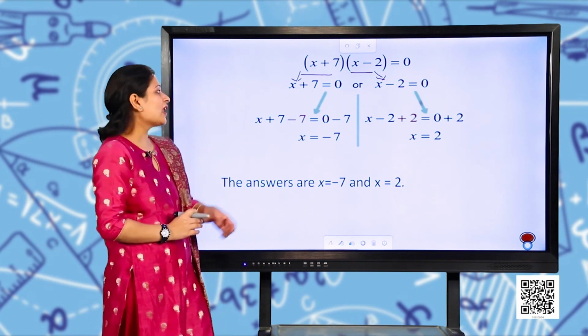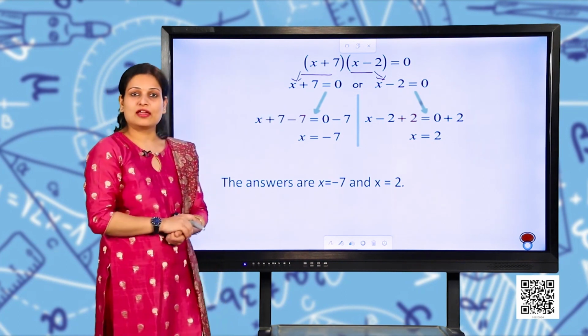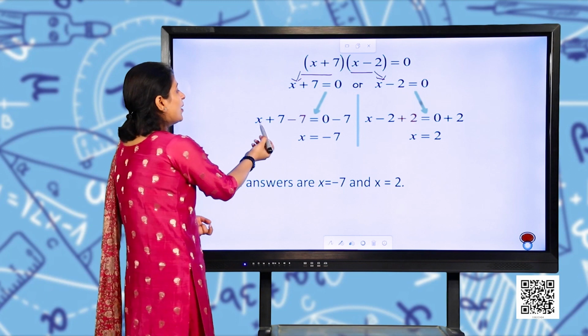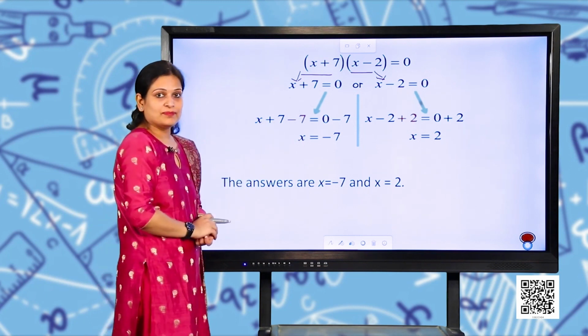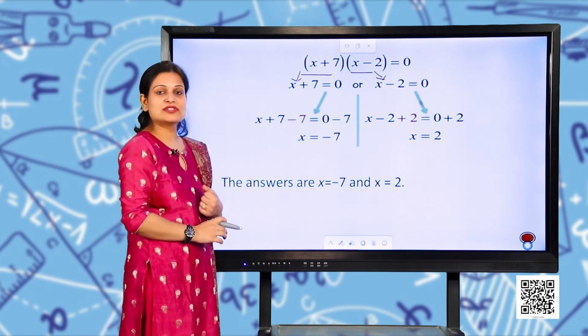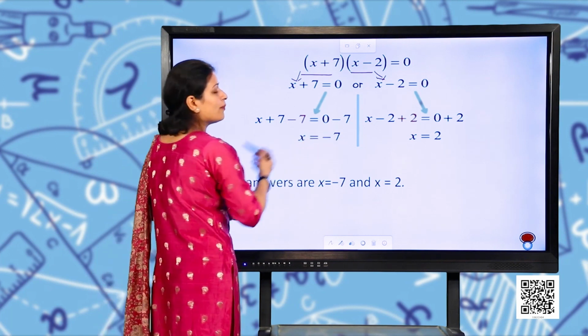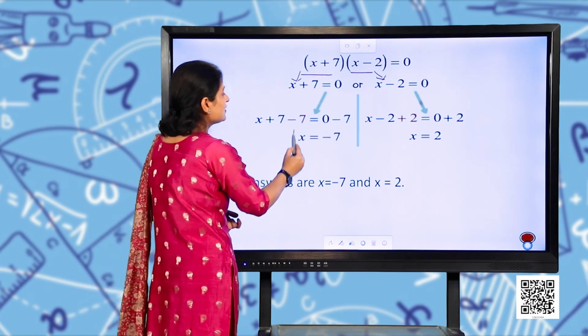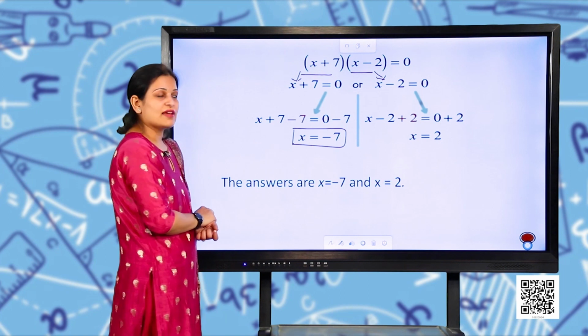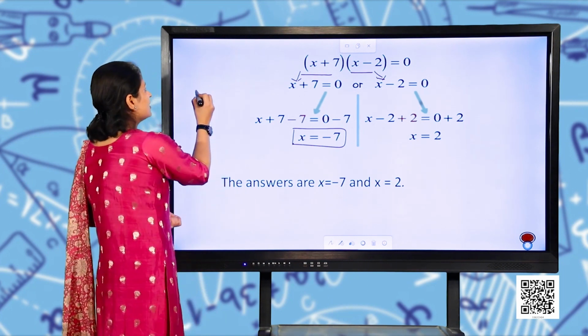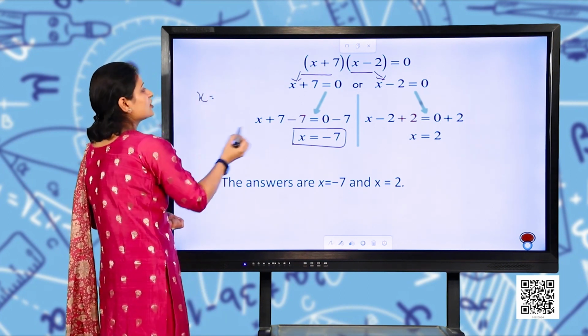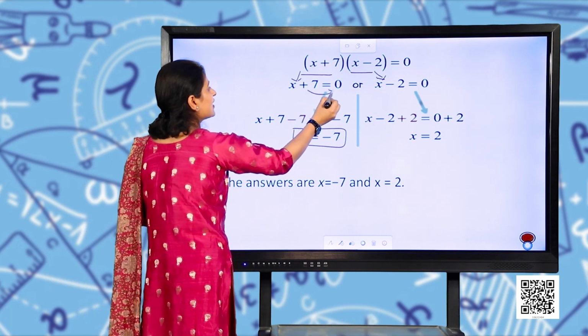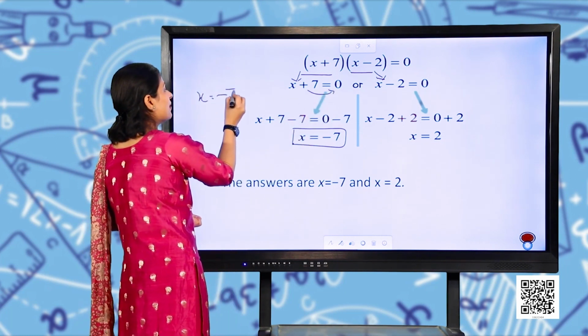You can easily calculate the value of the variable x here. So, x plus 7, just subtract 7 from both sides. So, 0 minus 7, you will get x equal to minus 7. Or you can just transpose 7 to the right hand side, the sign will change, positive will become negative.